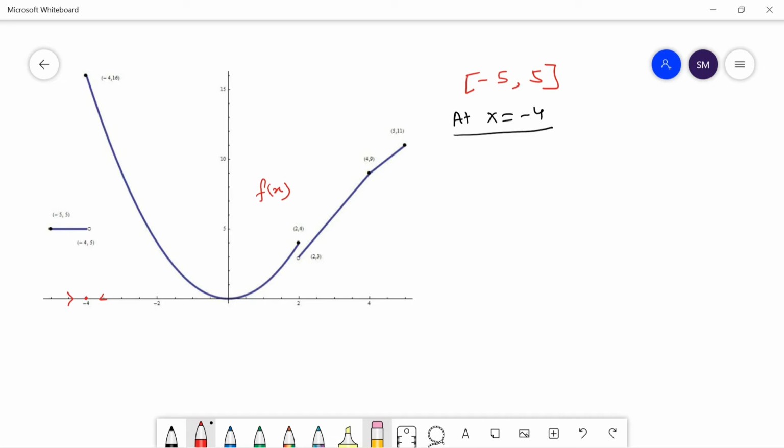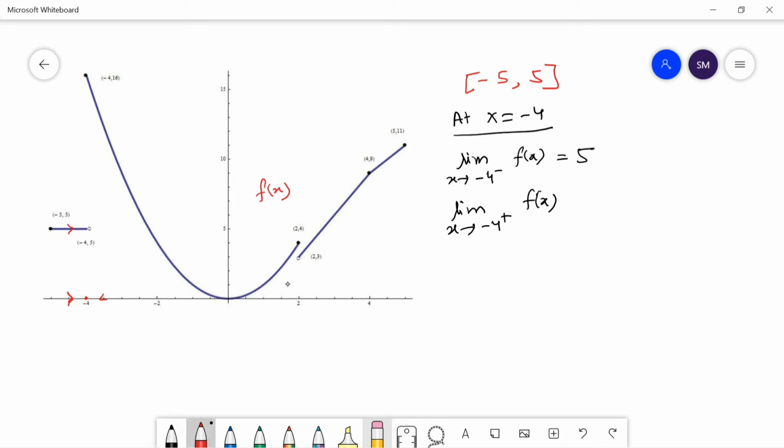When you come from the left hand side to minus 4, you have this curve. Therefore, limit x tends to minus 4 minus f of x is equal to 5. Then take the right hand side limit, limit x tends to minus 4 plus f of x.